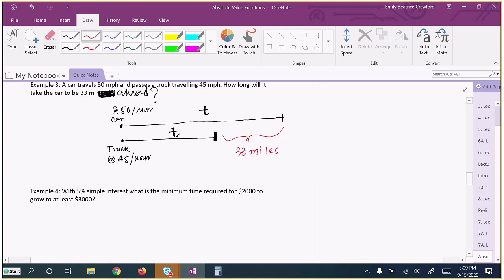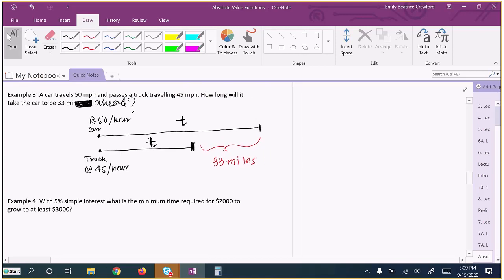So the simple way of understanding this problem is thinking about how much distance the car will travel in t hours. So in t hours, the car travels, its speed is 50 miles per hour, so 50 times the time, miles.